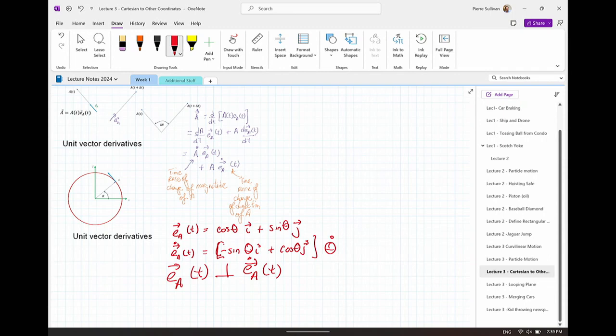So I will come up with a number of unit vectors, similar type of approach, and in all of those cases, I will have two that are perpendicular to each other. So just like xy, but xy doesn't change direction, E A does change direction.